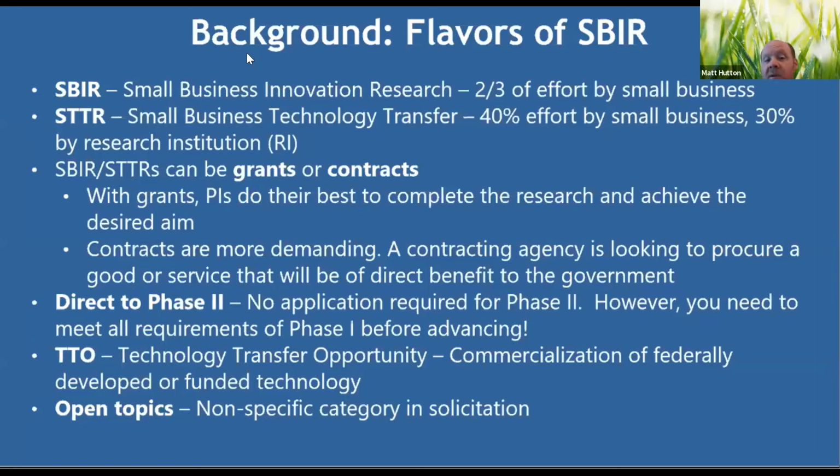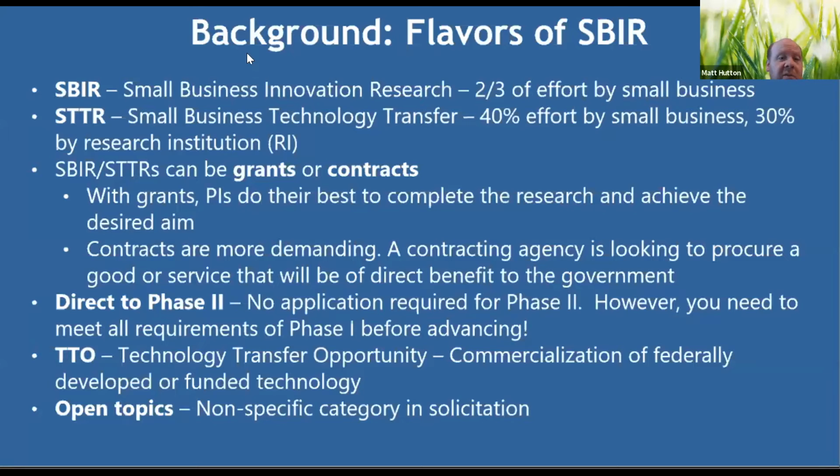This has a minimum participation of 40% of the small business, with a requirement that at least 30% by budget is done by a research institution. So that can be a nonprofit research institution, usually a university, or like a nonprofit teaching hospital or lab or something like that. And really, it's a way of getting money into universities, which are the locus of research in the United States, without torpedoing those universities or having staff leave or anything like that.